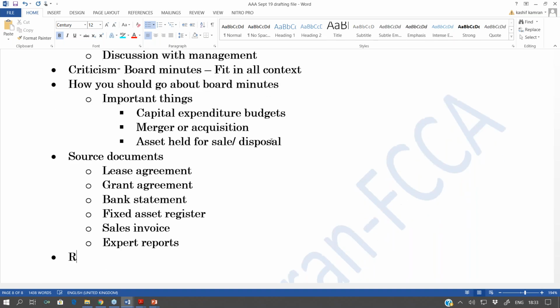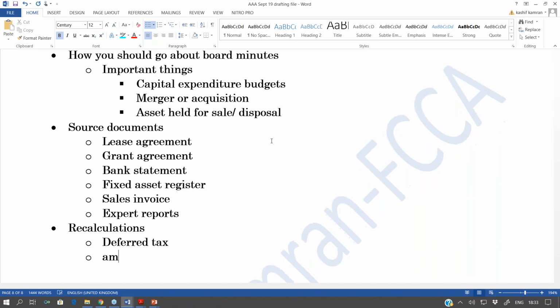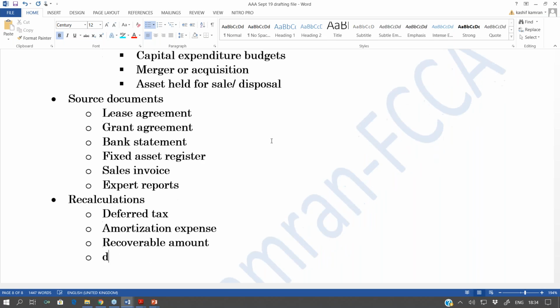Then the recalculation is such an important procedure, right? So many times we do recalculations, like the recalculation of the deferred tax, the amortization expense, the impairment working, the recoverable amount, the depreciation expense, the finance cost.